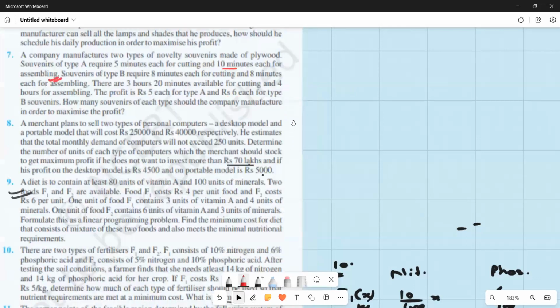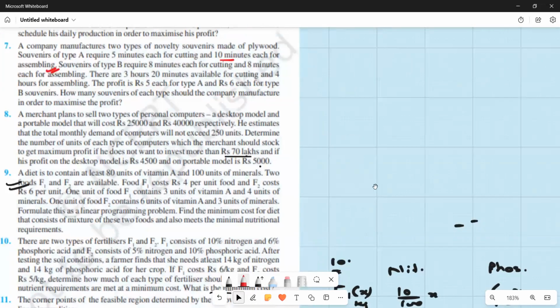Now, question number 8. If you see question number 8, a merchant plans to sell 2 types of personal computer, a desktop. So now 2 types of computers are desktop and portable.